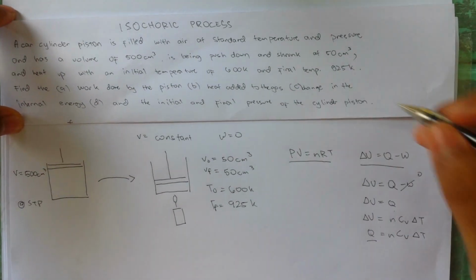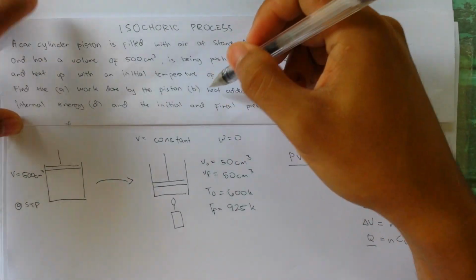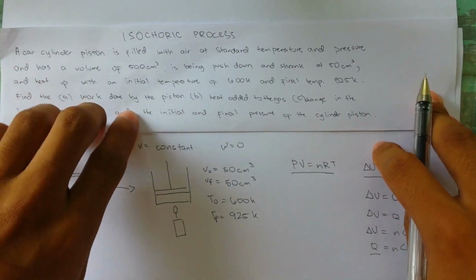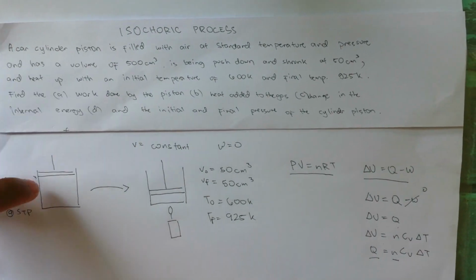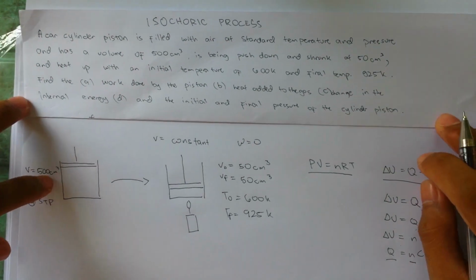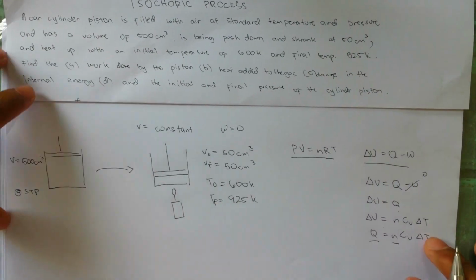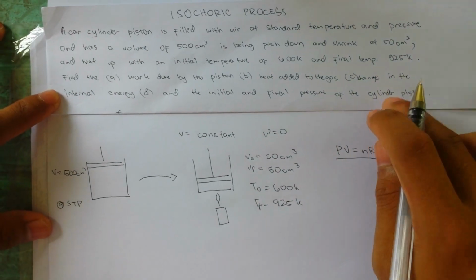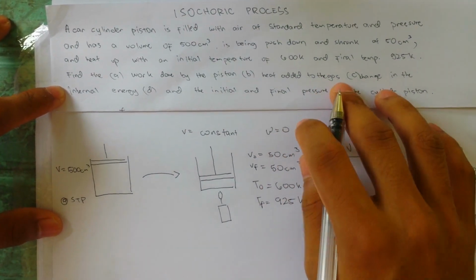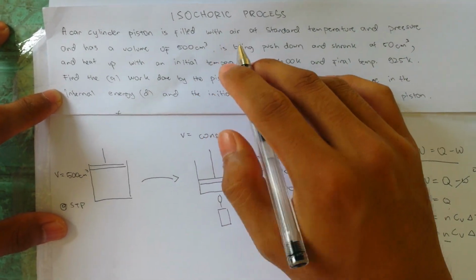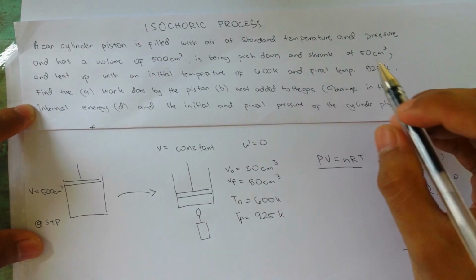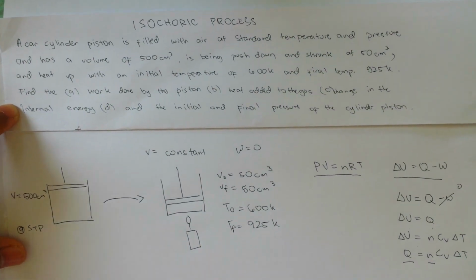We're asked to find the heat added to the gas, and we are now solving for the mole of the air inside. It's filled with air at standard temperature and pressure.